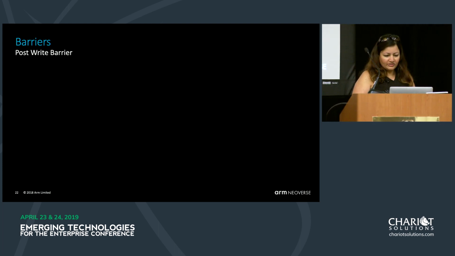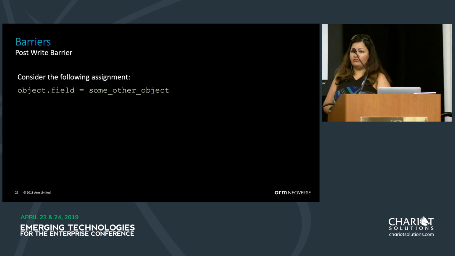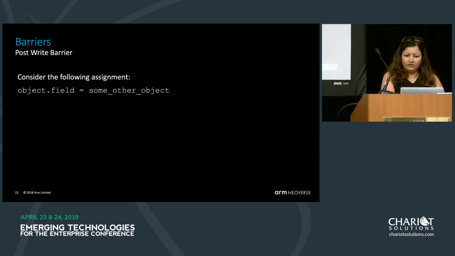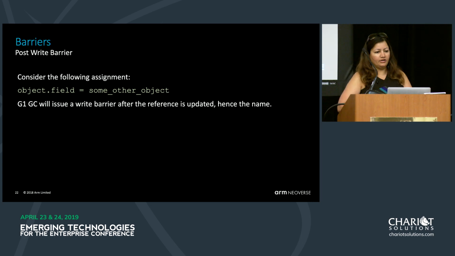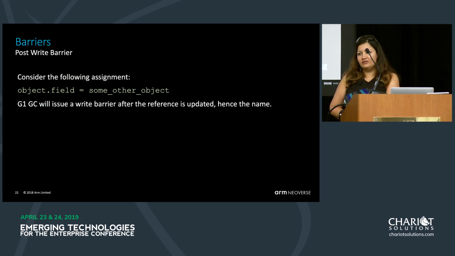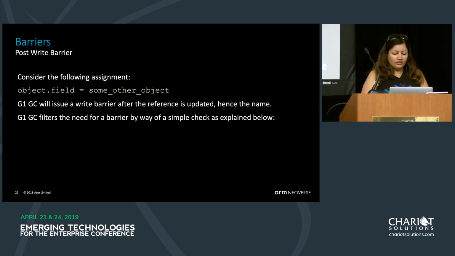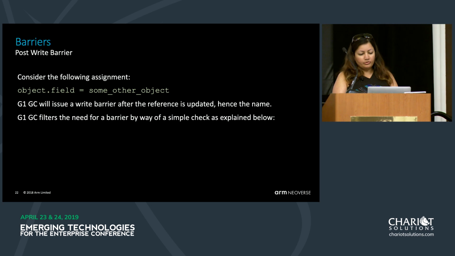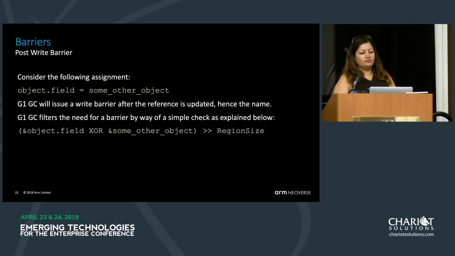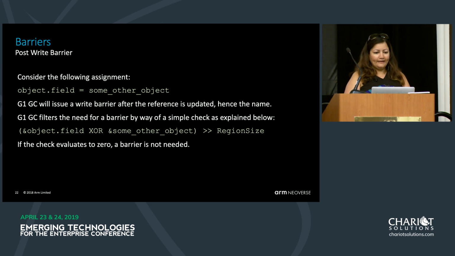For example, if you have an assignment of the kind object.field = some other object, then you would have a write barrier after the reference is updated, and hence the name post-write. The way it filters is a simple check of whether it's within the same region. If it's not, then the barrier is not needed.